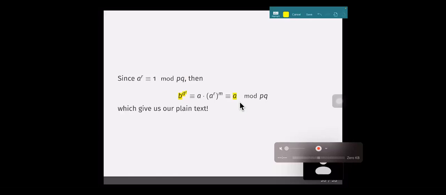So for example, if I want to send a personal message to you, I'm the only one who can decrypt, and everyone else in the world can encrypt.